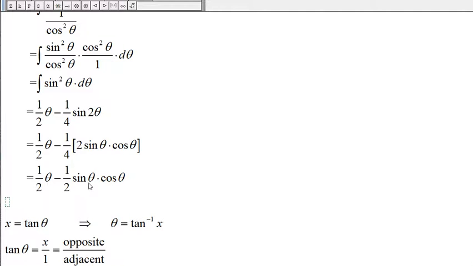But we need to find sine of theta and cosine of theta. Recall that tangent of theta is opposite over adjacent. But tangent of theta is equal to x, which is the same as x over 1. And therefore the opposite side of the angle theta will be x, and the adjacent side will be 1.